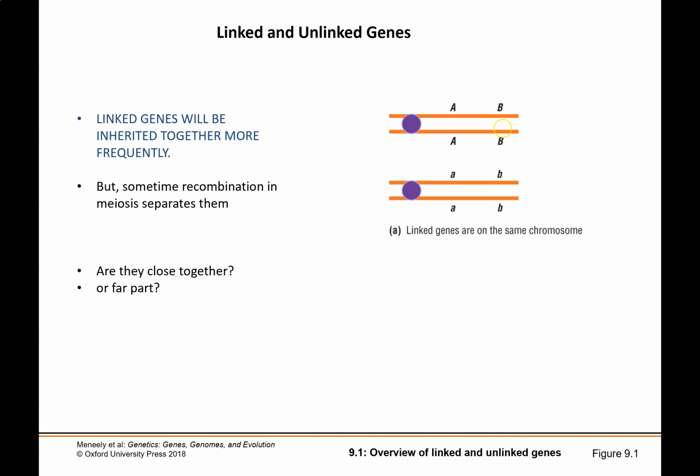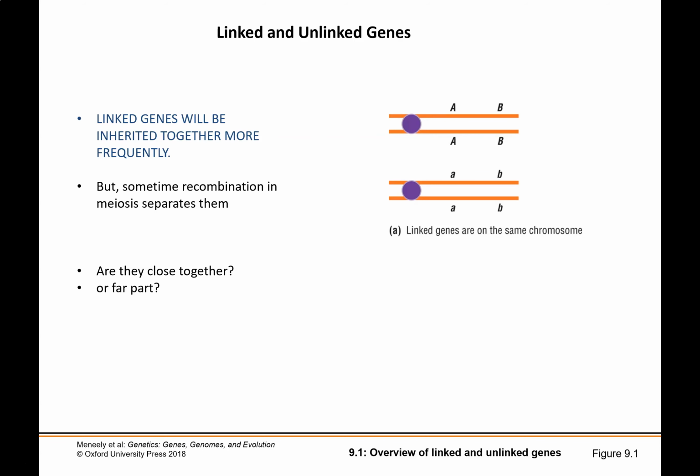If these genes are located relatively close together, there's going to be less chance of a recombination event occurring in between them. Because of that, we are going to get a smaller number of recombinant chromosomes. If they are farther apart, there's more room and a larger chance that there's going to be a recombination event in between them.